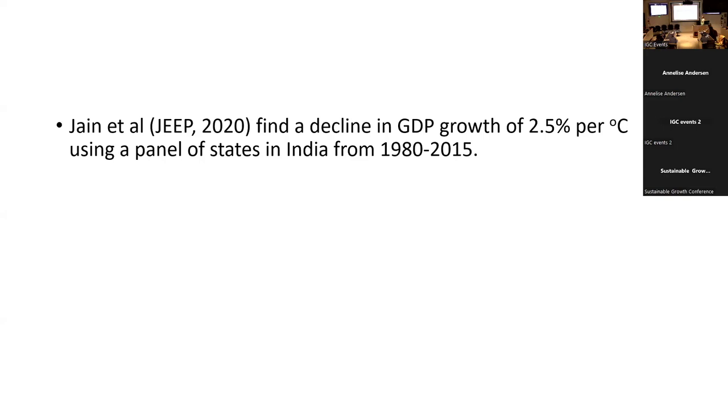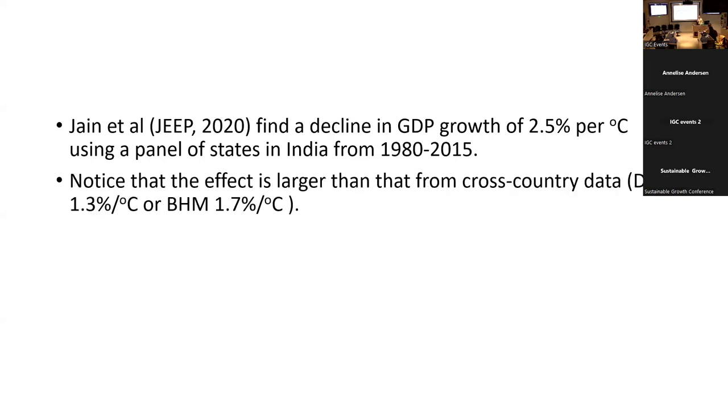They find a decline in GDP growth of 2.5 percentage points per degree Celsius, which is somewhat higher than what you got from the Burke et al. global paper. There's another paper I didn't mention, by Dell, Jones and Olken, which was a little earlier than the Burke, Hsiang and Miguel paper, and they had a somewhat smaller effect of temperature.